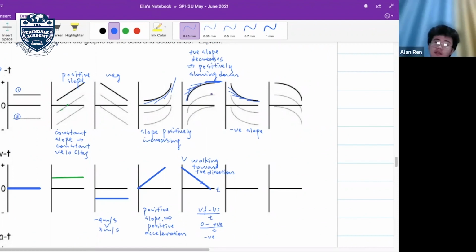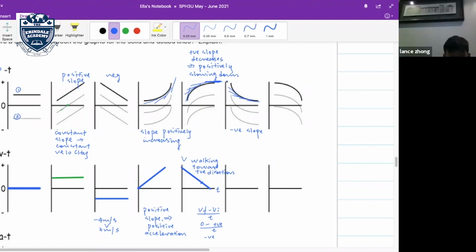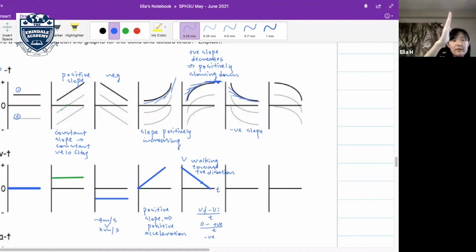Decreasing? Increasing? I think it's decreasing. Yeah, it's like starting from like -10, very steep, and then becoming 0. But if you think about velocity, at the beginning we are moving at -10 meters per second.